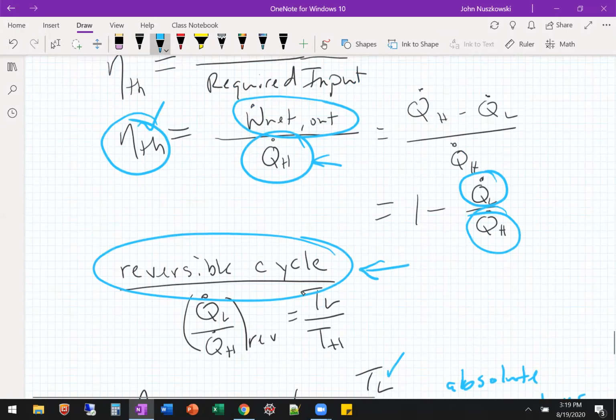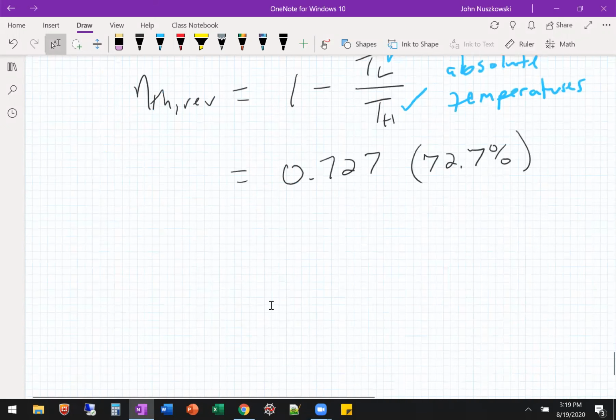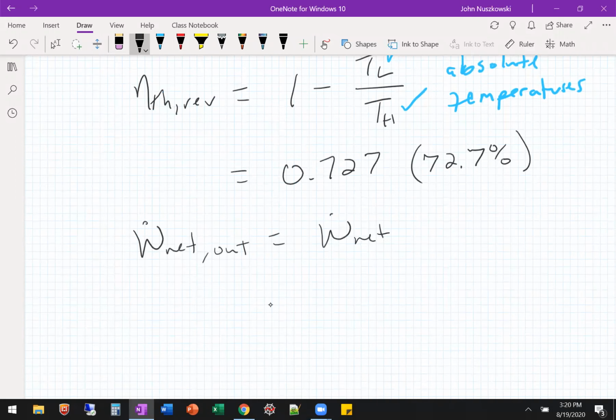Okay. So now we need to figure out work net out, right? And we actually have from the givens, it's times 2, sorry.